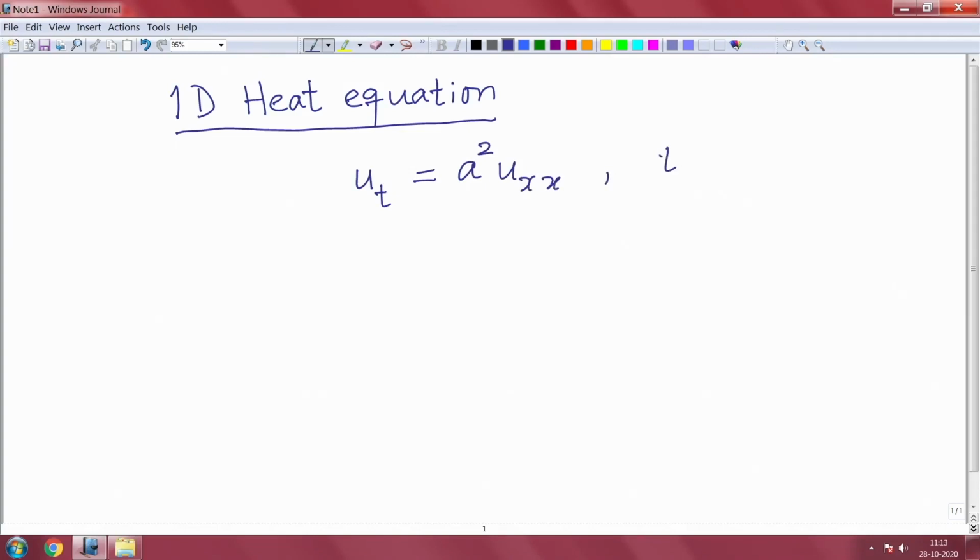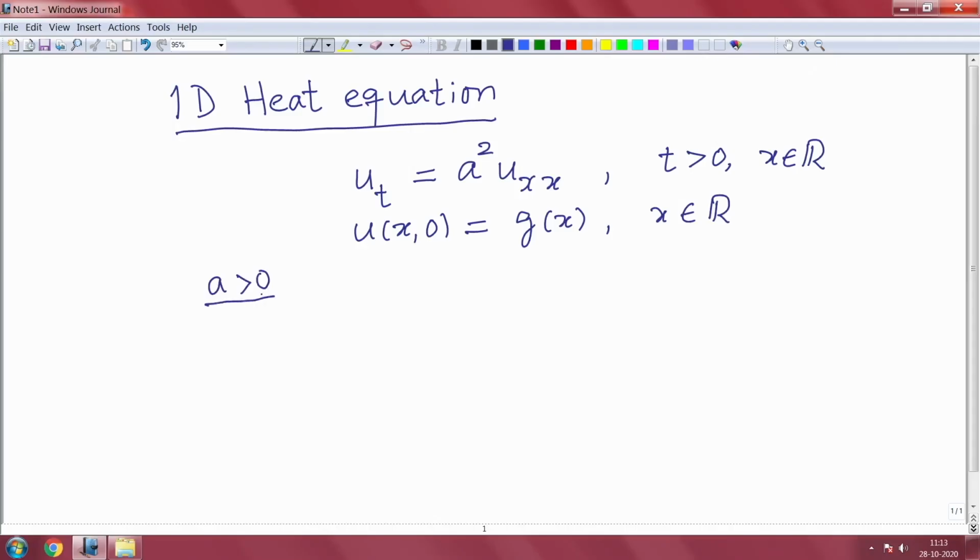Again t is positive, x is in the real line, and an initial value g of x. So, here a is positive, a constant.